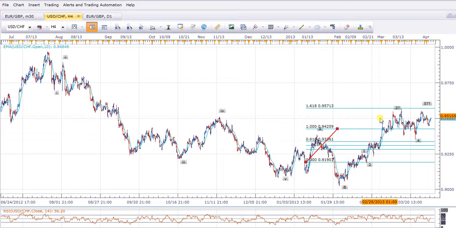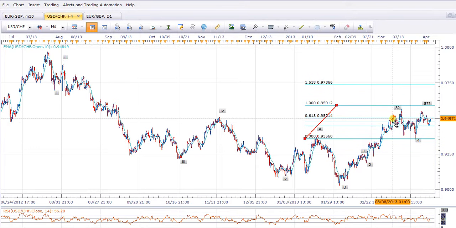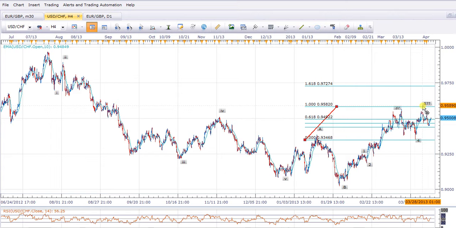So we have that 1, 2, 3, 4, 5, that ABC. C ended right here at wave 4, and then we see that 5 wave up. Looking at the 5 wave up, that should end somewhere around right here, which is what I'm expecting right now.